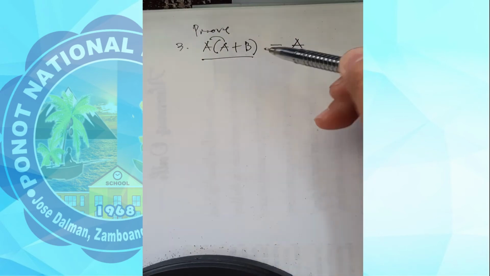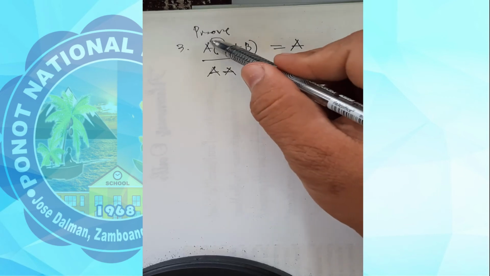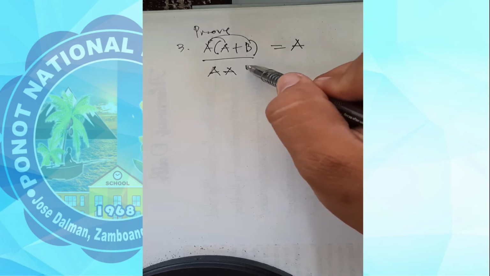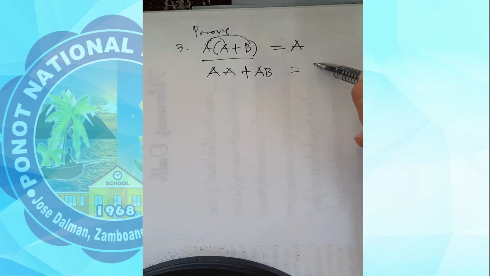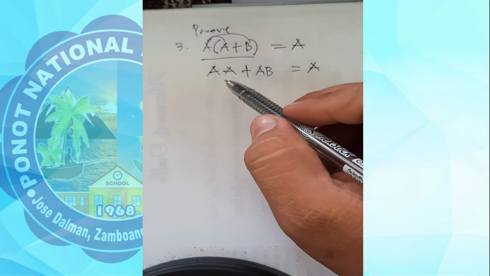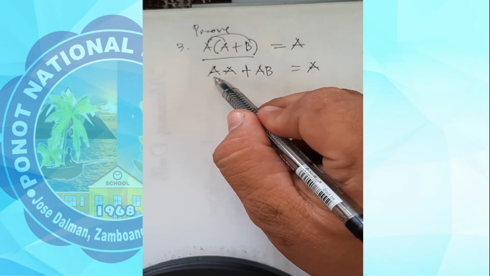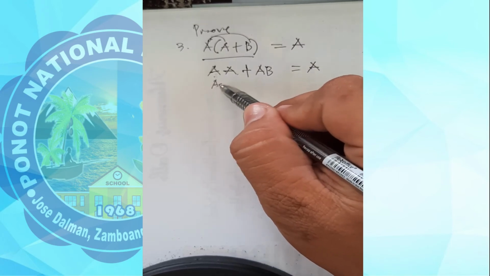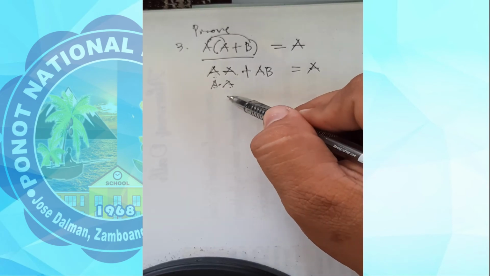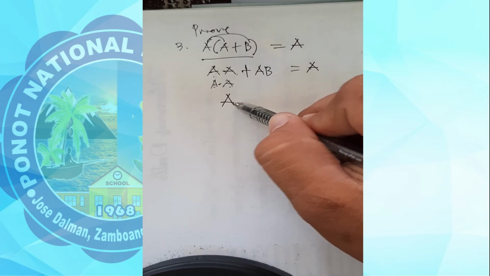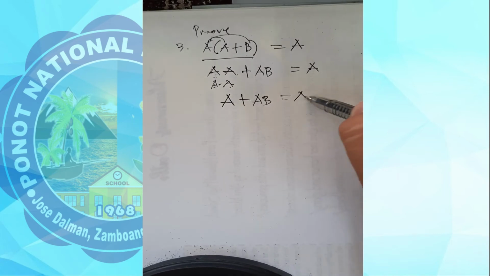So, A times A, that is A. A times B, that is AB, equal to A. So here, we know that A is the same as A times A. So, A times A, if we look at the postulate, the result is A plus AB is equal to A.